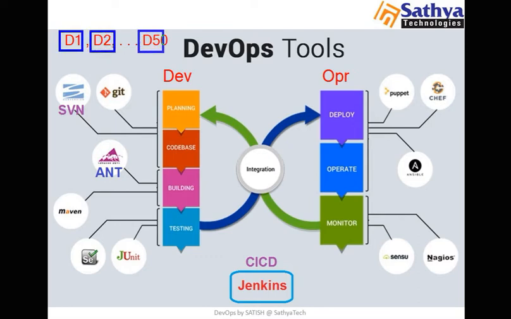Their code I can store in either SVN, which is a centralized version control system, or Git, which is a distributed one. So my team will store their code into a repository.